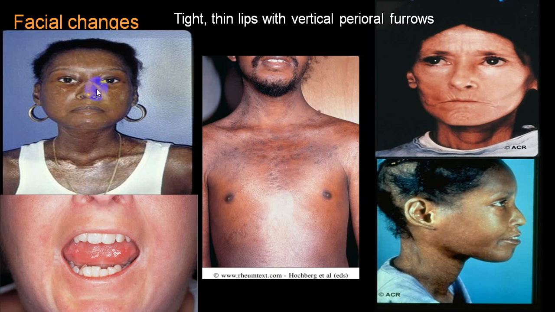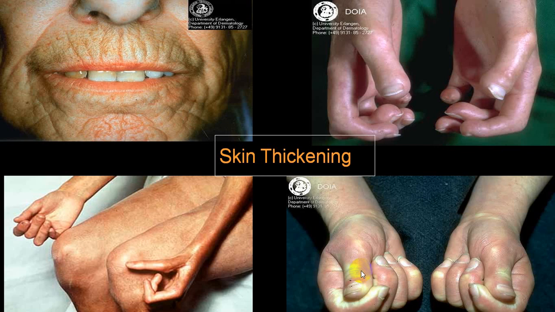Facial changes, you can see typical facial changes. You can see thickening of the lips. This is involvement of the chest as well as the neck region. Typical, you can see typical fibrosis. Again, typical nose. These are facial changes. Very classical changes.